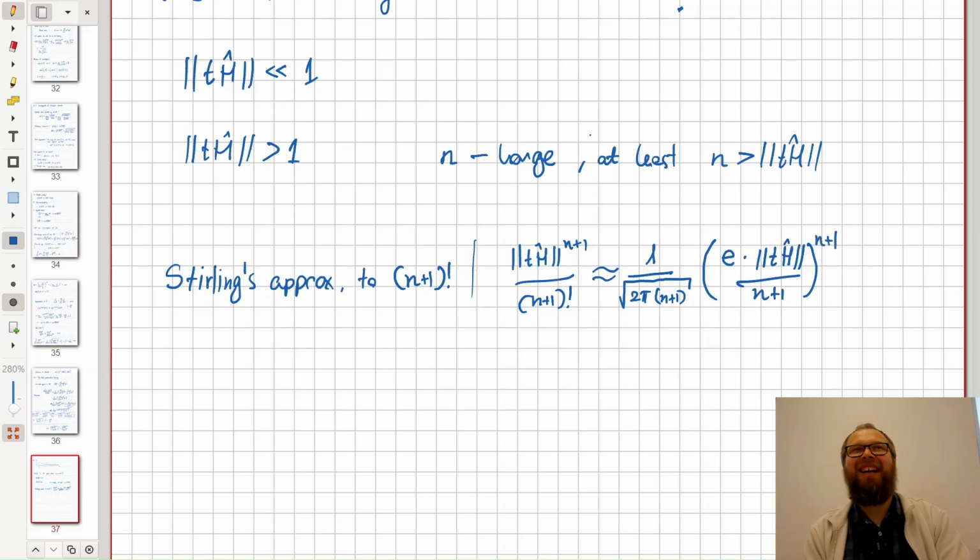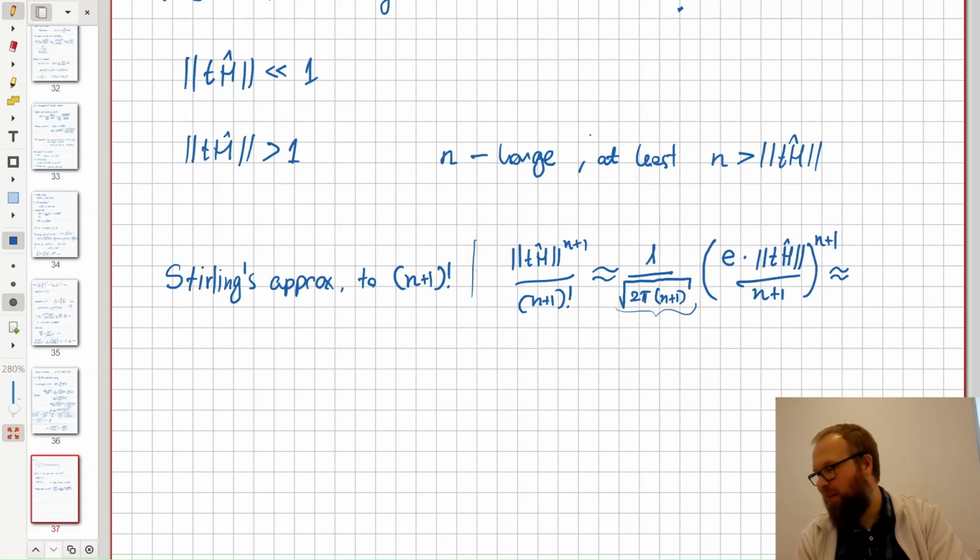So this is hellish, okay? If you want to now say that this is smaller than epsilon, what is n? So that this inequality holds, it's kind of hellish. So let's simplify it a bit, because n is big, so n plus 1 is almost n. This factor here, square root of 2 pi, is of order 1. Let's just drop it.